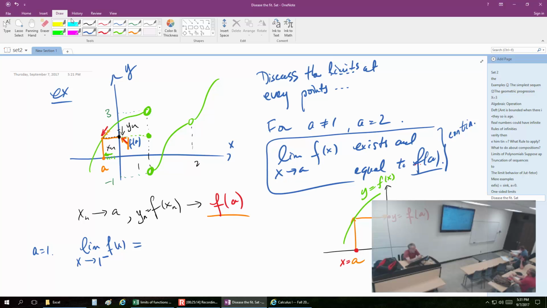For this computation, we only look at x's less than 1, which means that this branch is gone. So what's the answer? Three. Yes, the answer is 3.